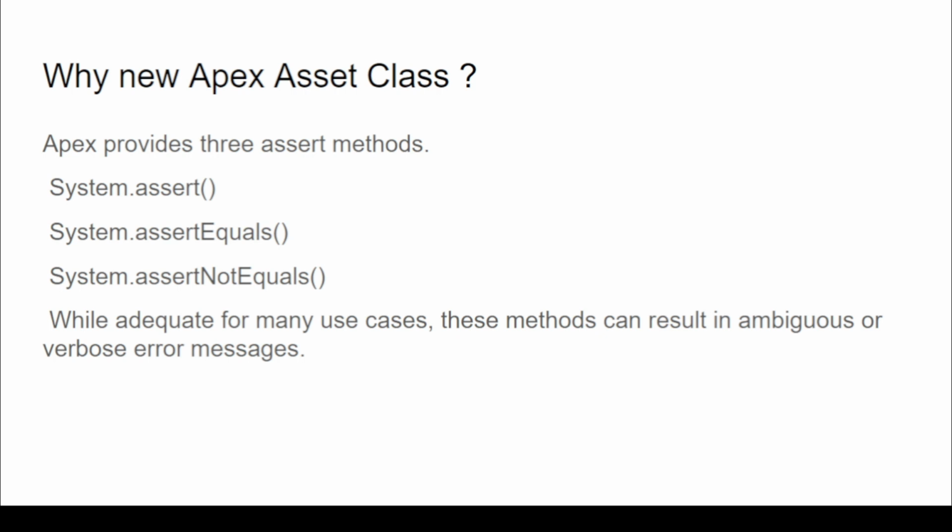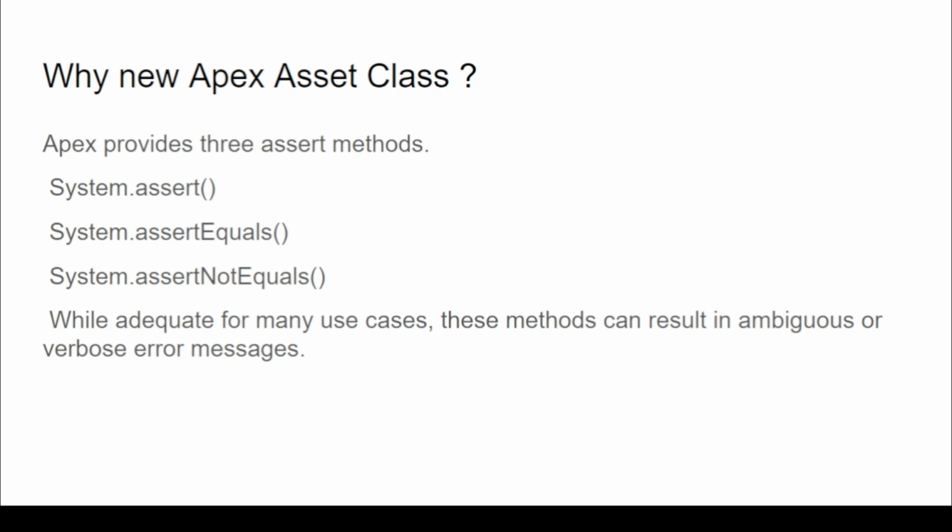These methods were ambiguous, verbose, or had unclear error messages, because we were unable to tell what System.assert meant. Are we failing a method, or are we trying to stop the execution of this method? With System.assertEquals, are we checking or not?